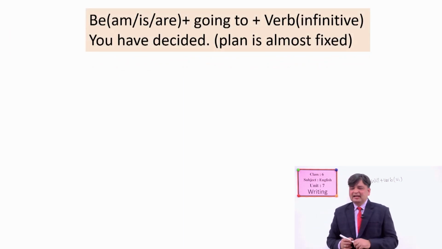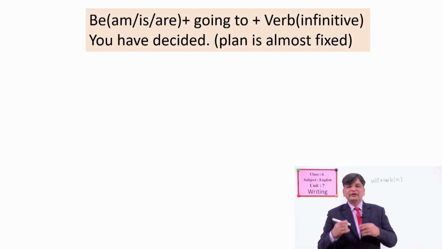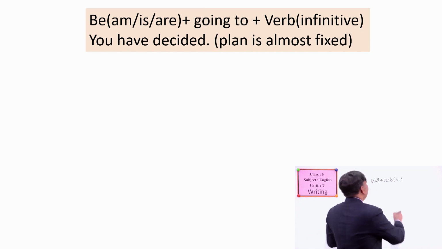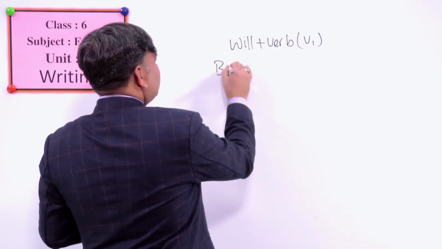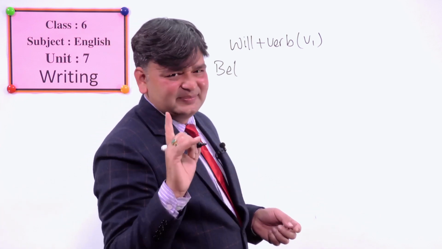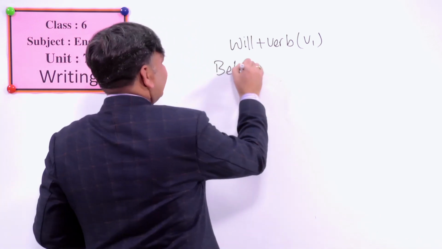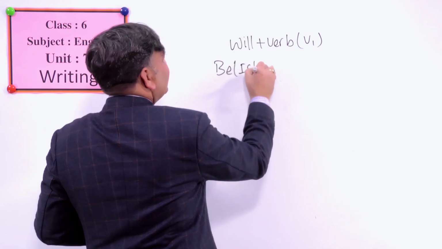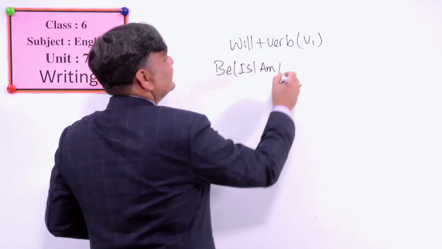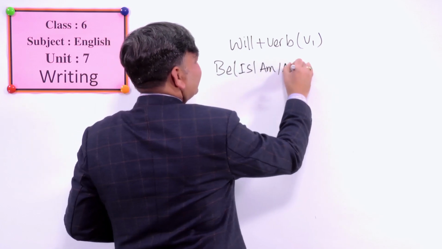The second type of expression that you used during the conversation that we just have done is, okay, good, you know, be. What are the other forms of be? Present forms, okay? So yes, is, and another one, am, and another one, are. Good.